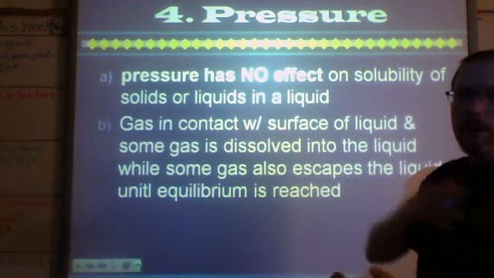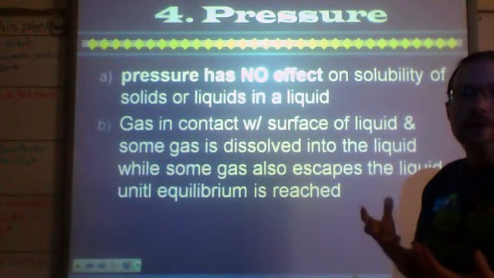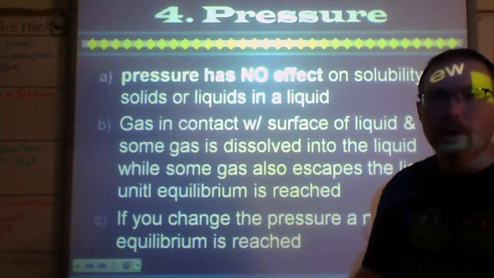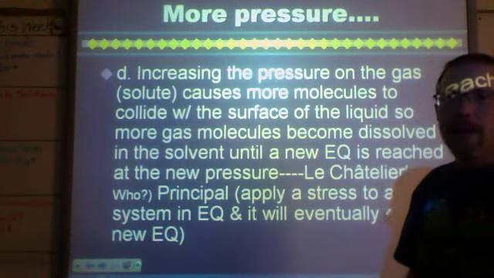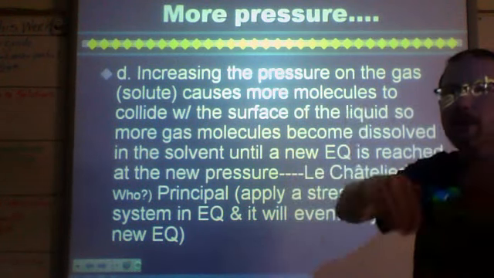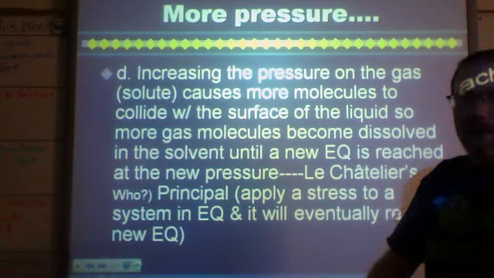There will be an equilibrium. And so if you want to dissolve more of a gas in a liquid, you've got to change the pressure. You've got to increase the pressure. When you increase the pressure, then it's going to cause more molecules of gas to run into the surface of that liquid, and the more they run into it, the more will dissolve and the more will stay dissolved.